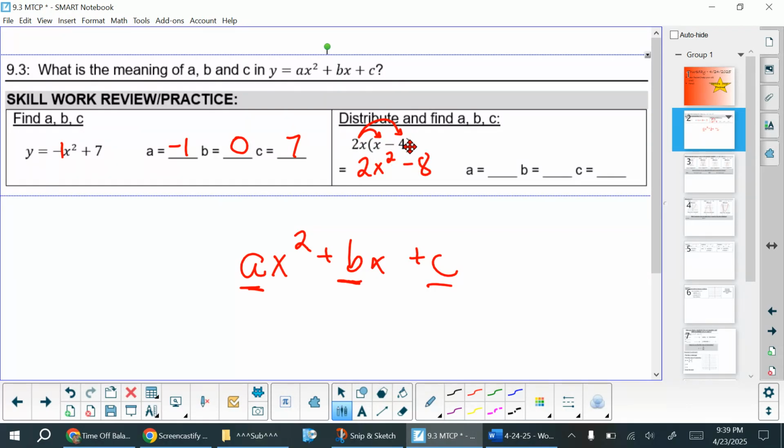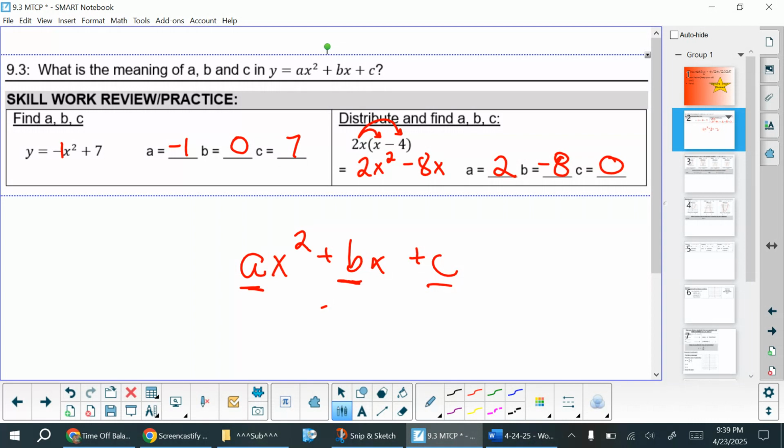And then x times, well, there's nothing to multiply the x by, so it's still just x. It hasn't changed. So here, the number in front of my x squared term is 2. The number in front of my x term is negative 8. And there is no number by itself because we've distributed. There's no number by itself anymore. C is going to be 0. So that's kind of the way those two can look.